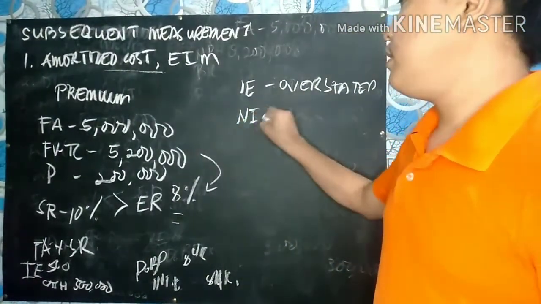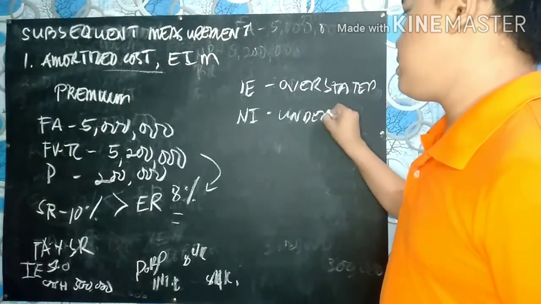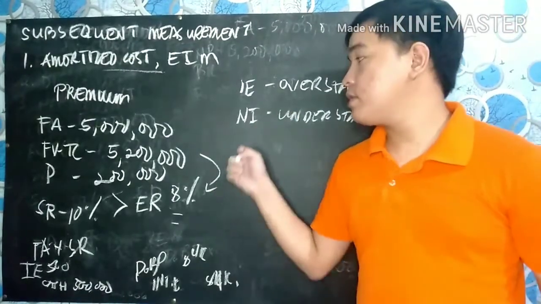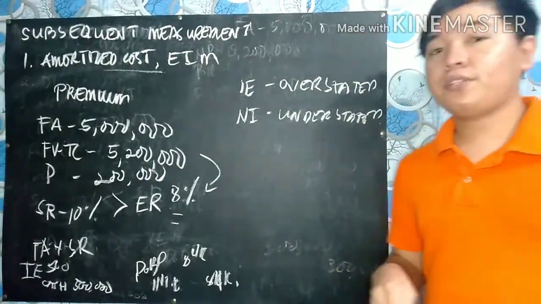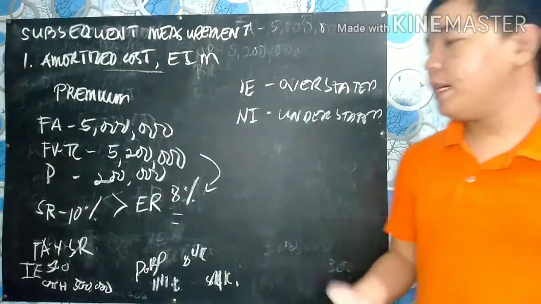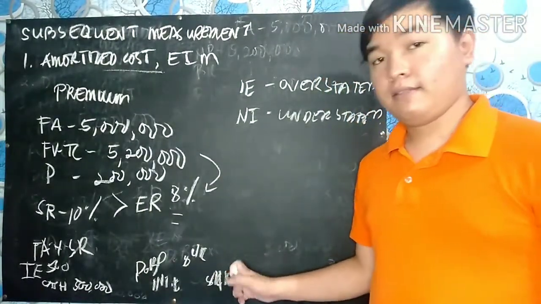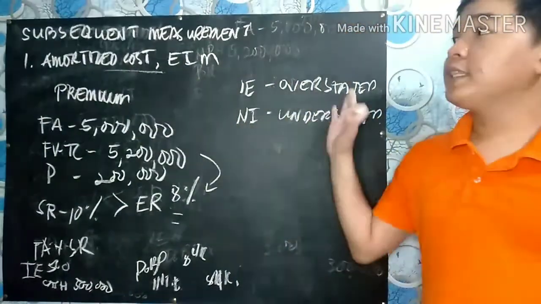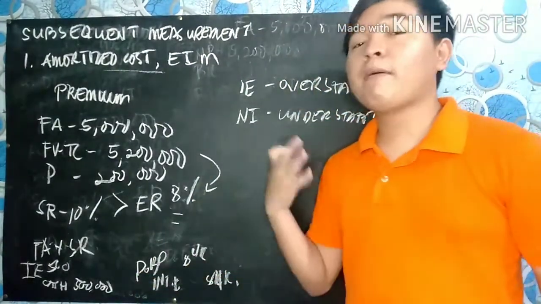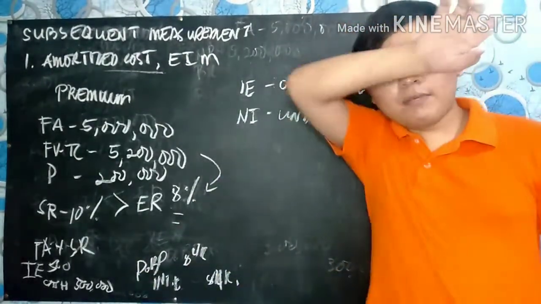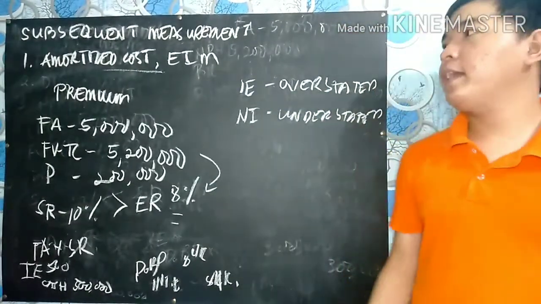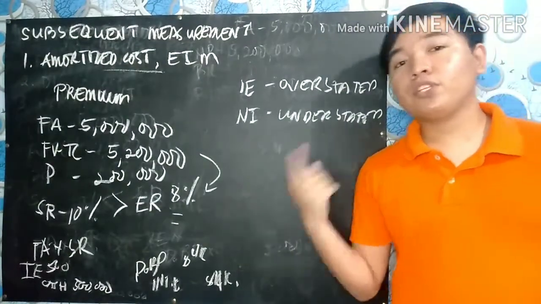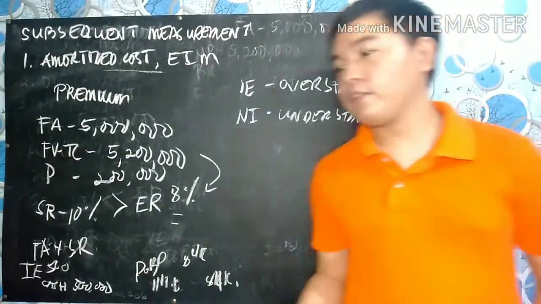Net income is understated. Why? Kapag overstated yung expense, of course, net income would be understated. So, yan po yung magiging effect kapag na-neglect po natin. Okay? So, okay na po tayo dito sa amortized cost. Don't worry. Meron naman po tayong review problems later. Mas mauunawaan nyo po yan. Okay? So, magtungo naman po tayo dun sa pangalawang subsequent measurement, which is the fair value through profit or loss.